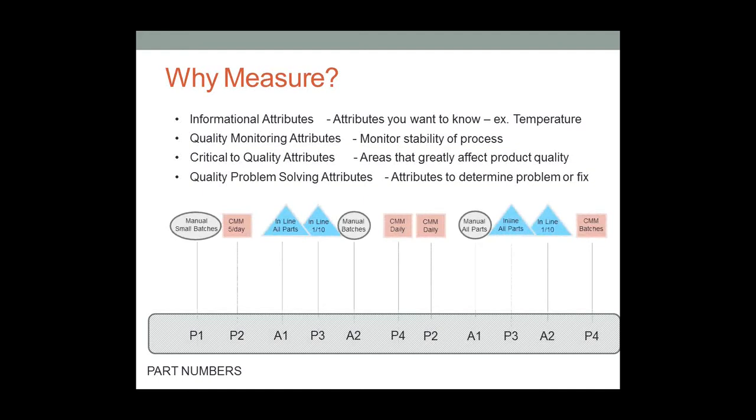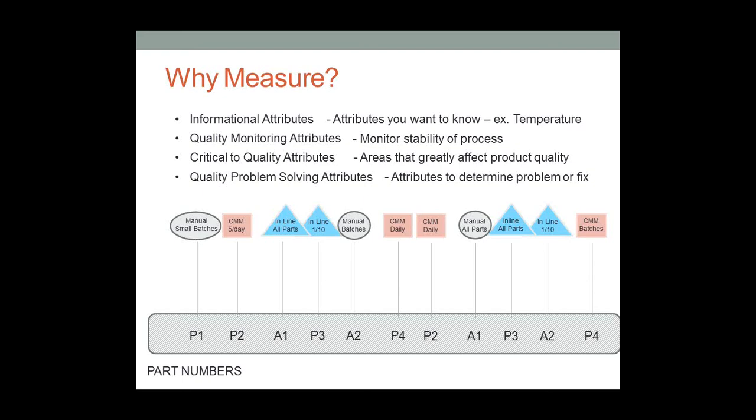So now, these are the 4 different reasons why quality data is being collected. Now we're going to look at, for all these parts and assemblies that are made on the shop floor, what are all the different frequencies? And the frequency of this data collection also changes depending upon the needs. Some may be done as manual small batches. Some are done on a regular basis, but on a sampling basis, maybe 5 parts a day of the volume of parts that are made on the shop floor.